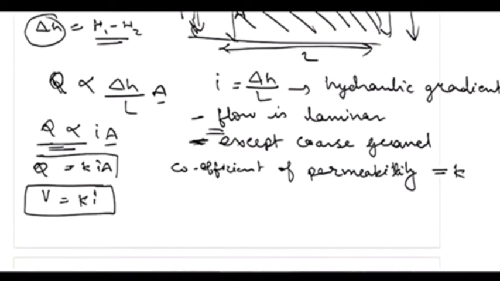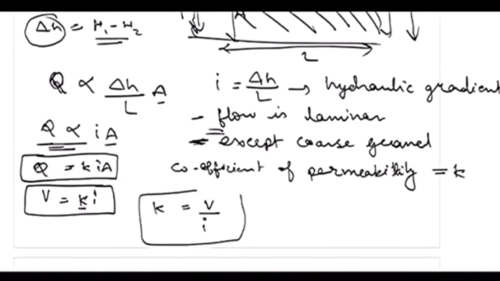From here we can define the coefficient of permeability as the velocity of flow under a unit hydraulic gradient. If we put i equal to 1, whatever velocity we get will be our coefficient of permeability. Its unit is the unit of velocity, and for soils it is generally taken as centimeter per second. I will continue the presentation with factors affecting permeability, laboratory tests, and field tests.